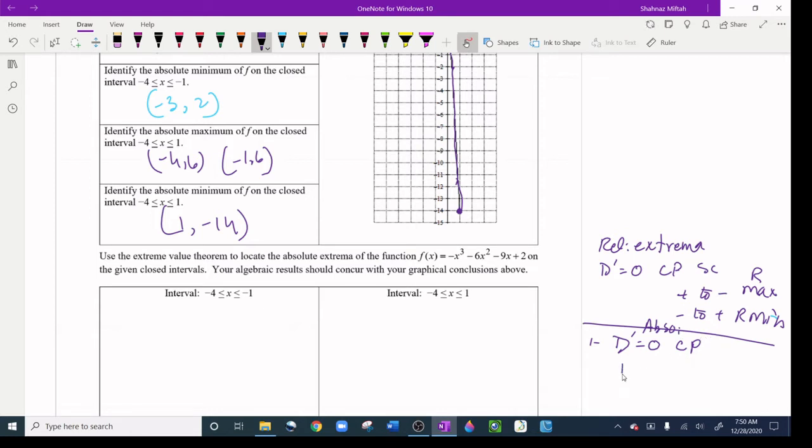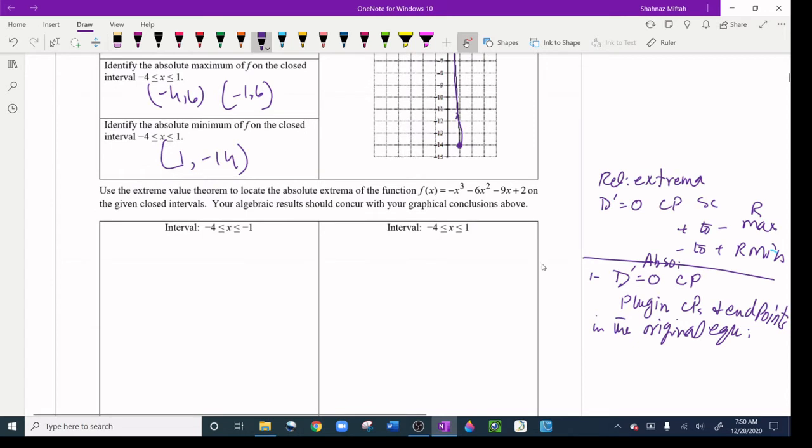You just plug in those critical points and endpoints, whatever restrictions they give me, into the original equation, and look for the highest and lowest y values.